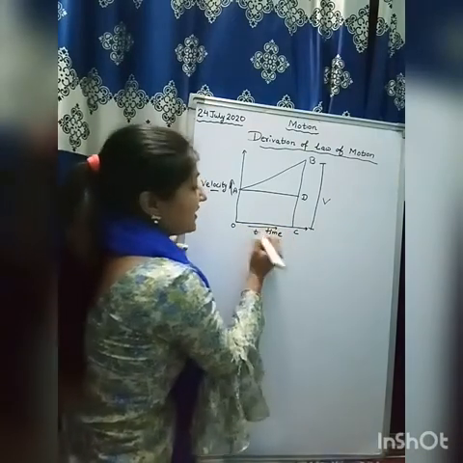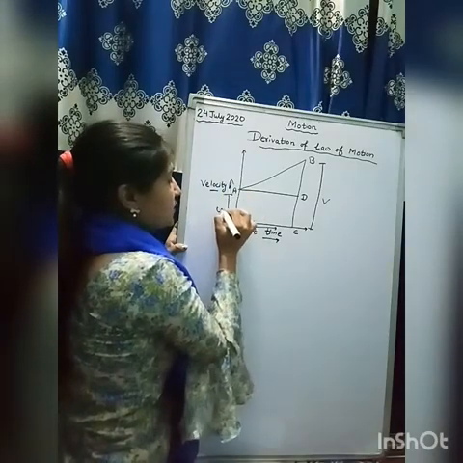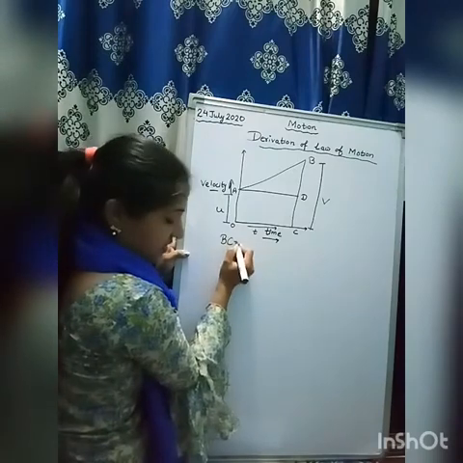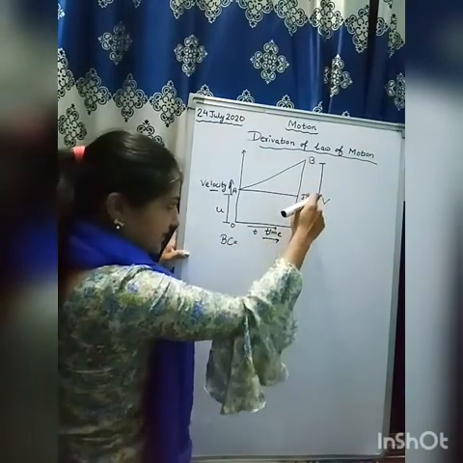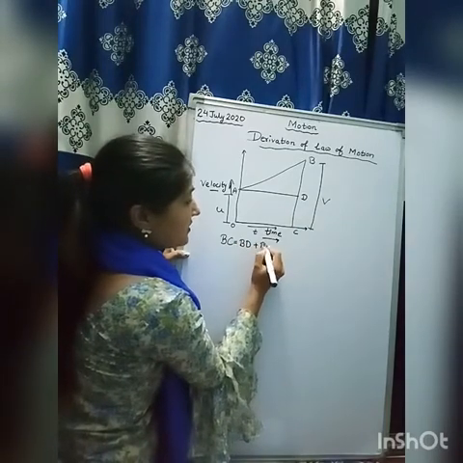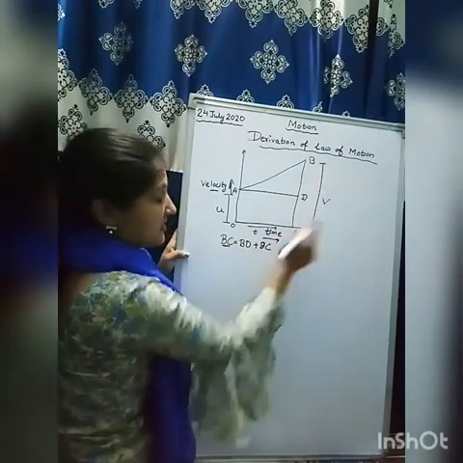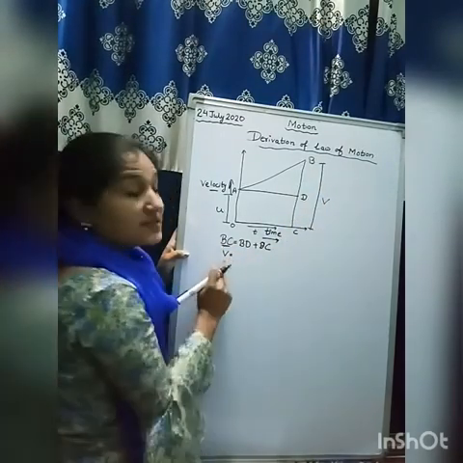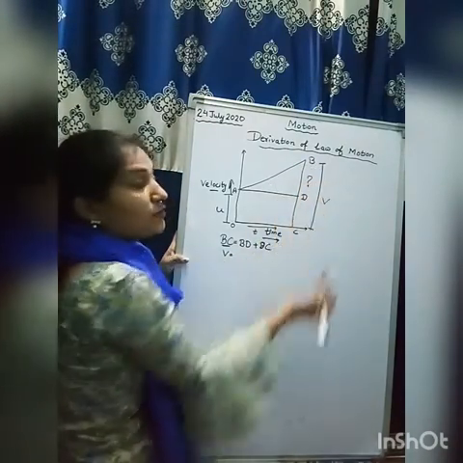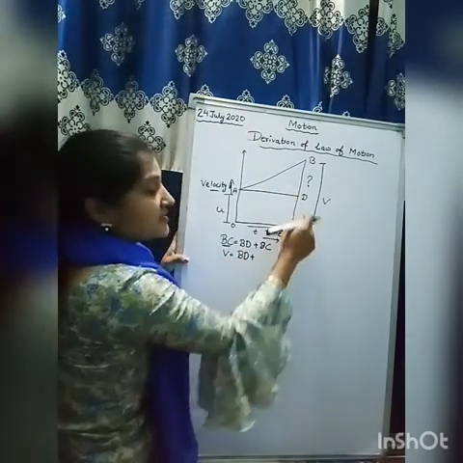OC is T, that is time, and OA is U. So BC is equal to BD plus DC. What is BC? BC is V, that is final velocity. BD is what? We don't know what BD is.